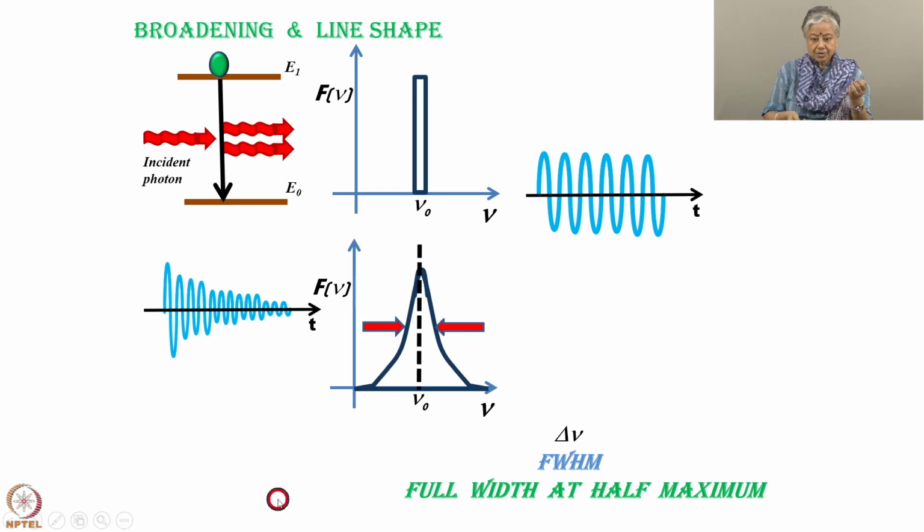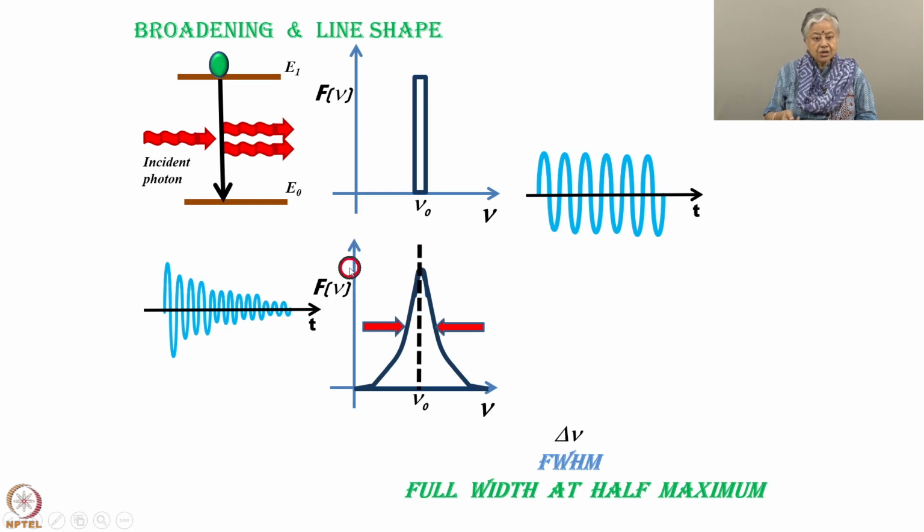Delta nu is called full width at half maximum, in short FWHM, and that is this width shown by this red arrow. Full width because it is from the left hand side of nu 0 to the right hand side of nu 0, and half maximum because it is measured at half of the peak value.